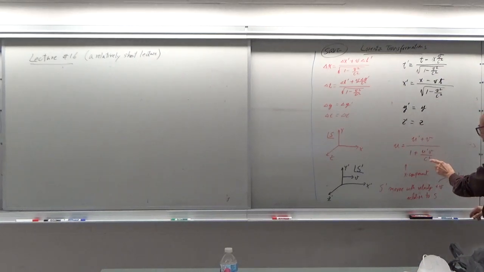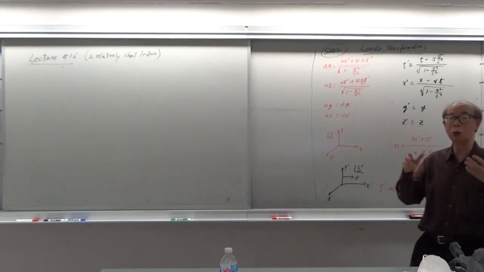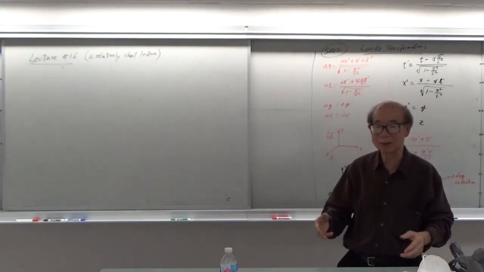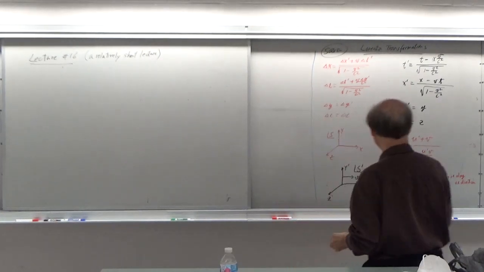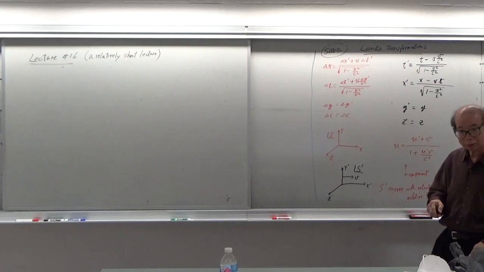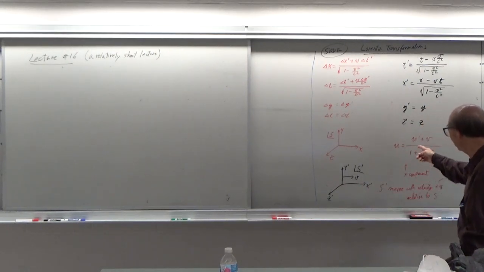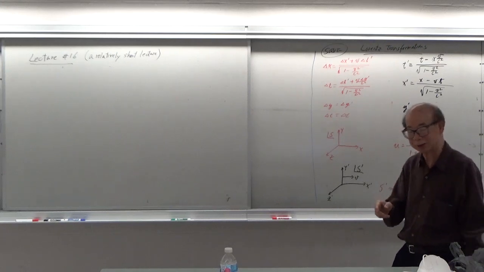But the very fact that there is such a term in the denominator means that the addition law no longer applies. We showed that it was in fact crucial to have that lack of addition of velocities.